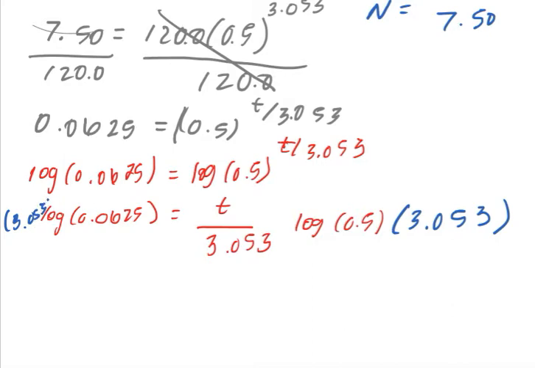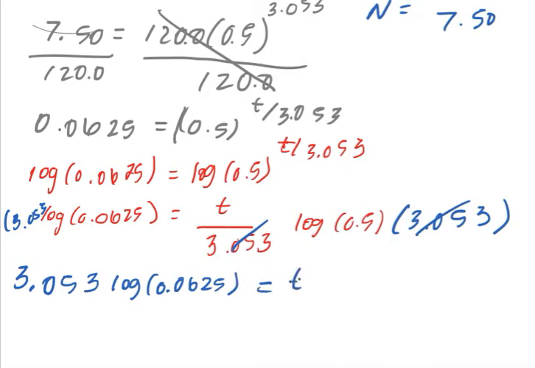This and that will cancel, and I'm left with 3.053 times the log of 0.0625, which is equal to t times the log of 0.5.